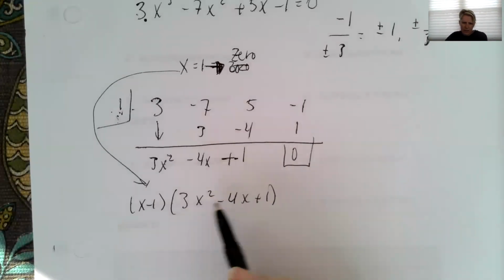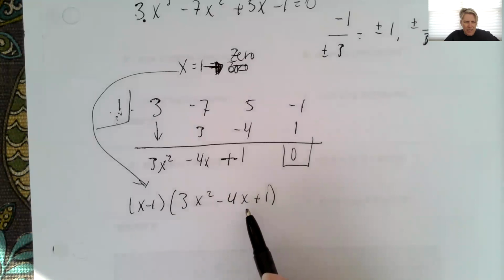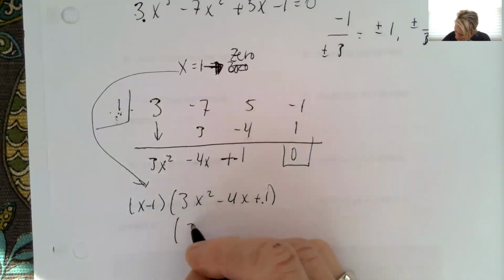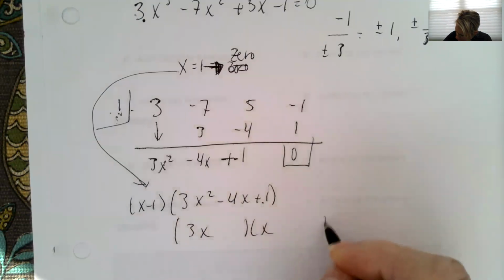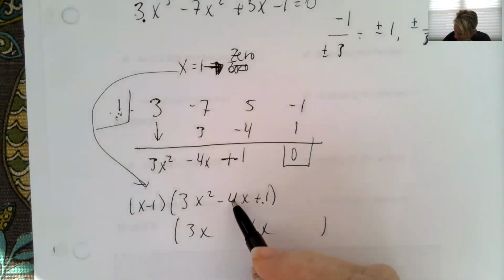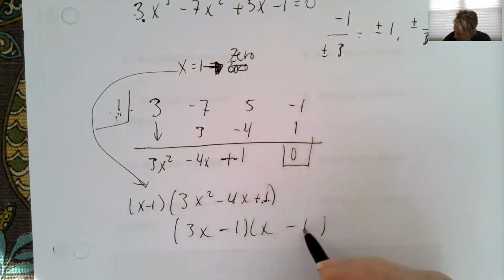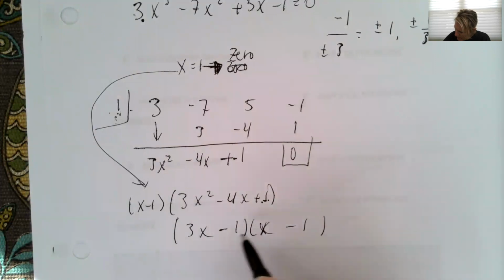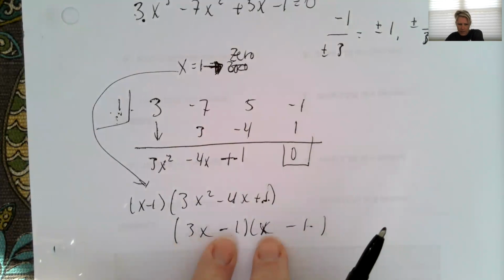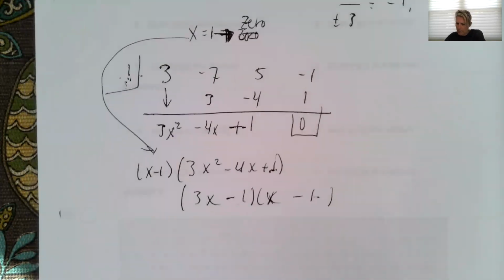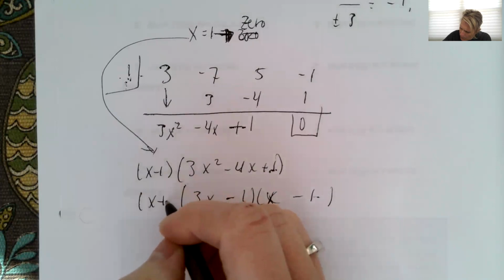Now, we could try to factor this. They have to add to make a negative and multiply to make a positive. So I'm thinking a -1 times a -1 multiplies to make a +1, and then you get a -3x, and then -1x gives you the -4x in the middle. And then we have x minus 1.